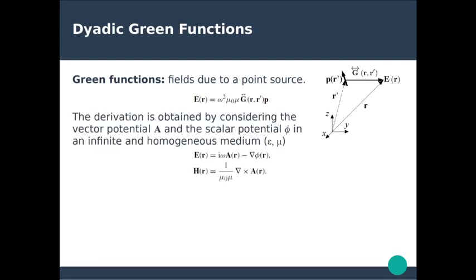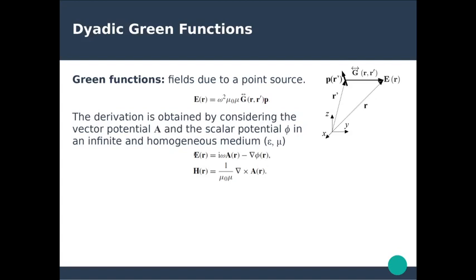So the complete derivation of this Green function, and how we actually calculate it, can be done considering the potentials, both the vector potential and the scalar potential. We first start by expressing the electric and magnetic fields as a function of those potentials.